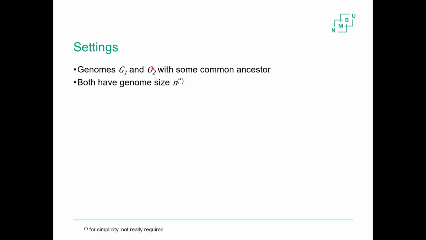And since I already said that these two genomes should be rather similar, it also implies that they have rather the same size, so this is not a very harsh restriction. So we can imagine this is how they are related: two genomes, and they have some common ancestor fairly recently, so they haven't diverged a lot.